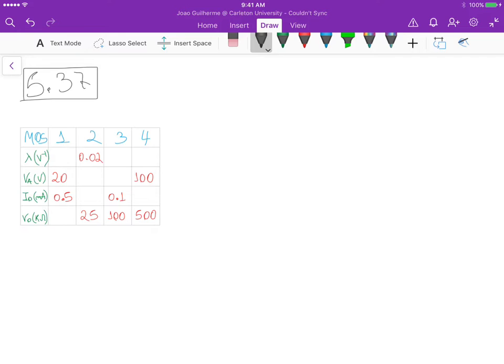To calculate lambda, there are several equations that relate those quantities. One of them is that lambda is equal to 1 over the early voltage, which means that the early voltage is equal to 1 over lambda.